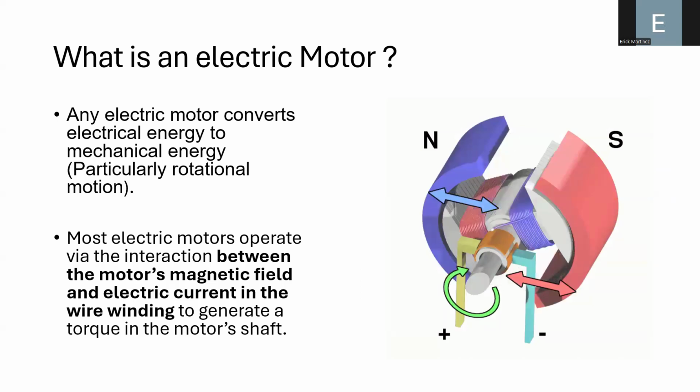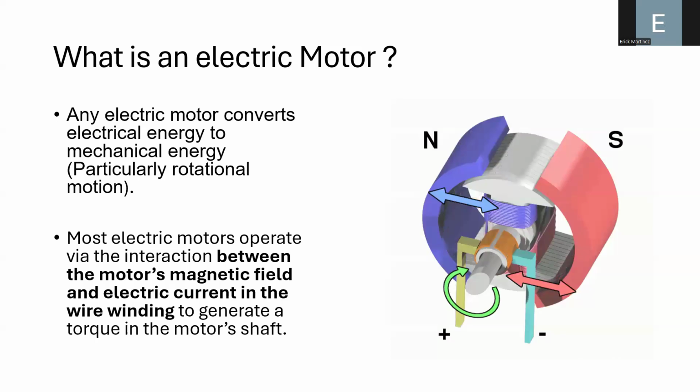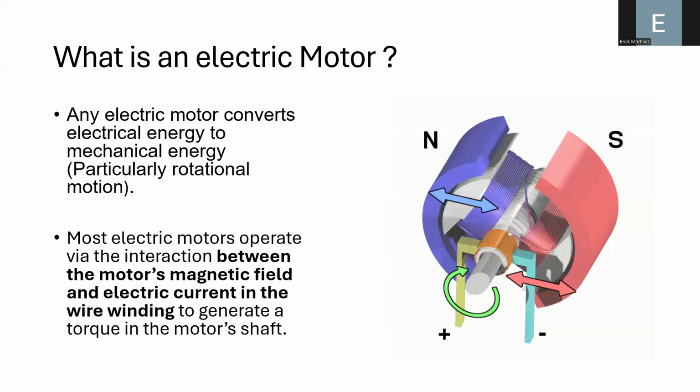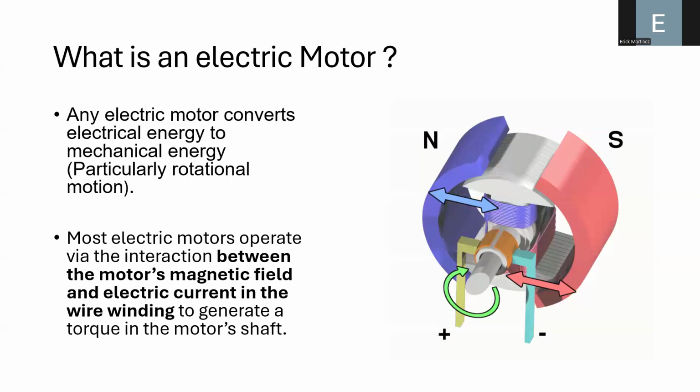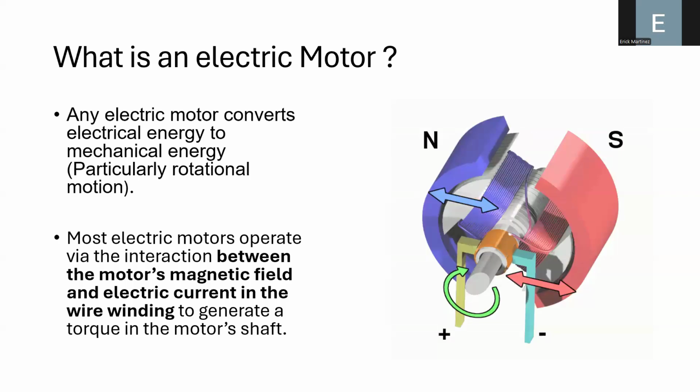But also remember that due to Faraday's law, here we are moving a conductor inside a varying magnetic field that is present in the stator of the motor. Faraday's law states that if you put a conductor near a magnet, you can induce a voltage.